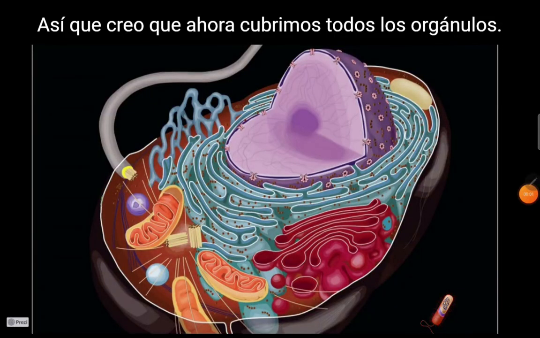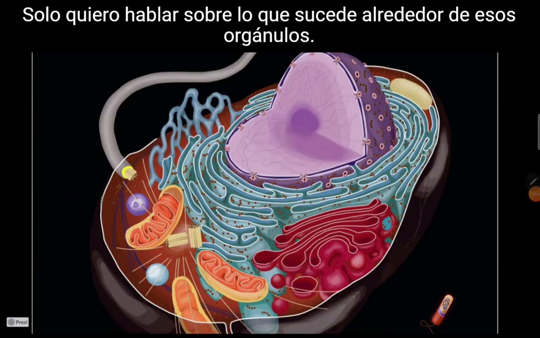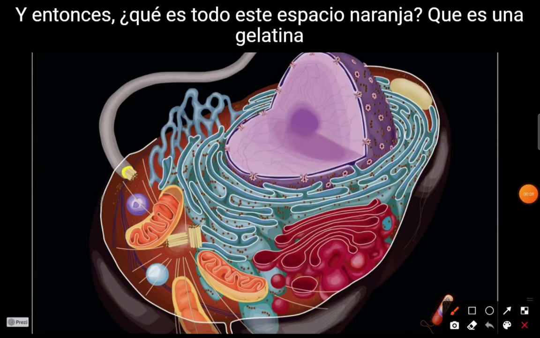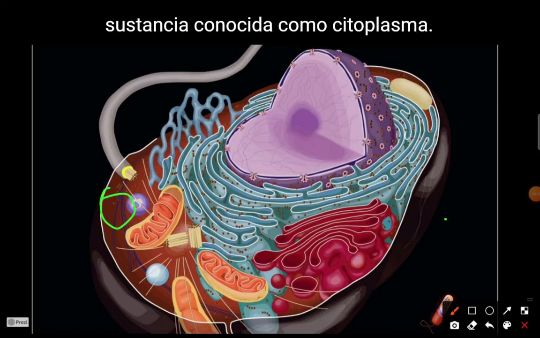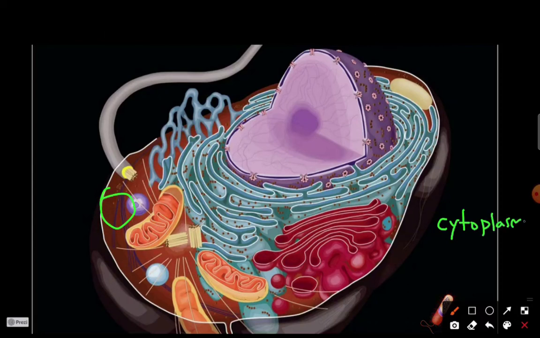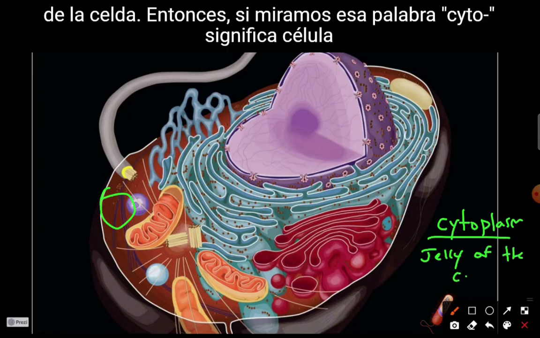So I think we covered all of the organelles. Now I just want to talk about what's going on around those organelles. And so what's all this orange space? That is a jelly-like substance known as cytoplasm. It is the jelly of the cell.